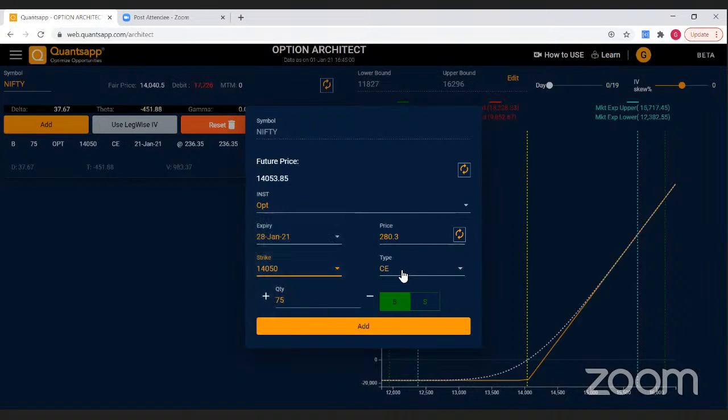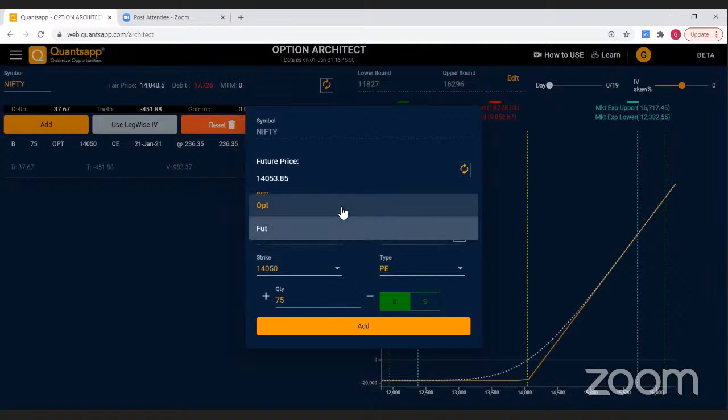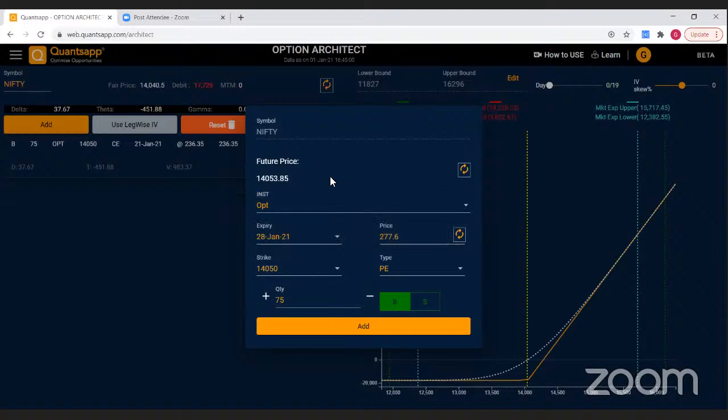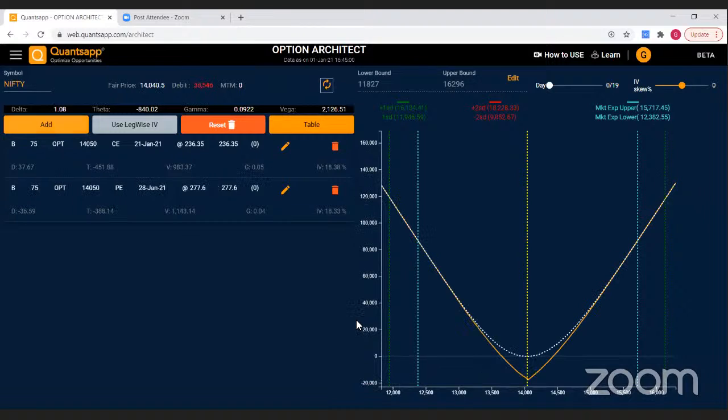Here I'm going to switch to the put, buying the put option, and automatically I get the price for it. If you want to combine a futures leg, you can also do so. You have the option of using options or futures at any point. So I'm going to add it, and this is my long straddle.